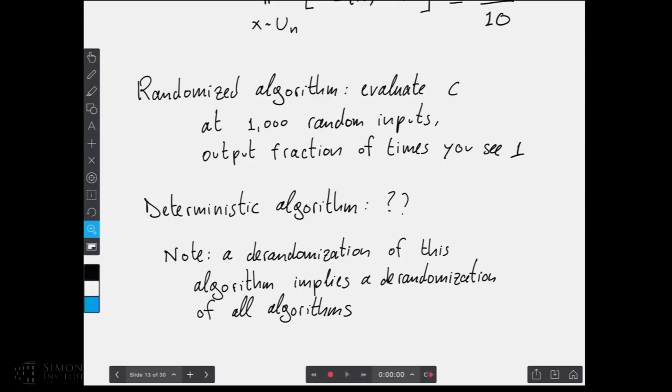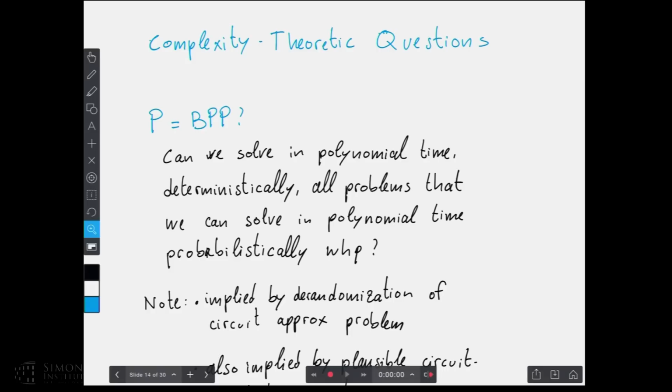That's just because whenever you have some algorithm that is randomized, you could encode what the algorithm does given the randomness as a circuit. And then if you're able to do that, you know whether your algorithm accepts with high probability or accepts with low probability. So that's a review of the type of derandomization problems that we would like to solve.